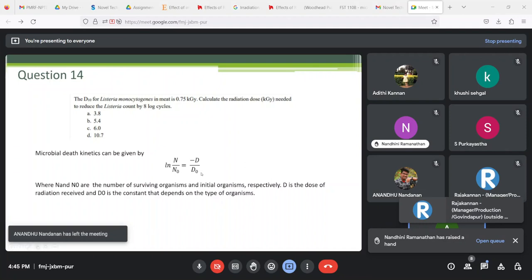So D naught is a characteristic of the organism.